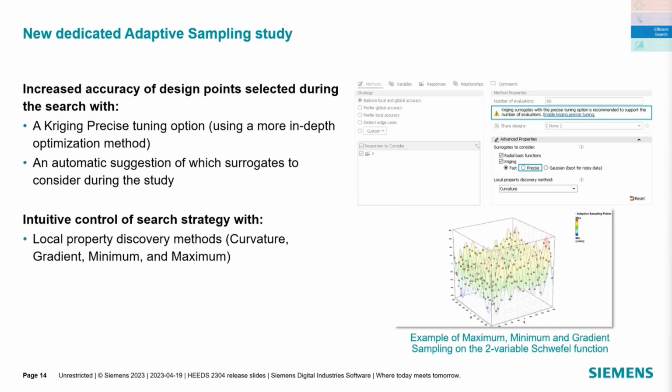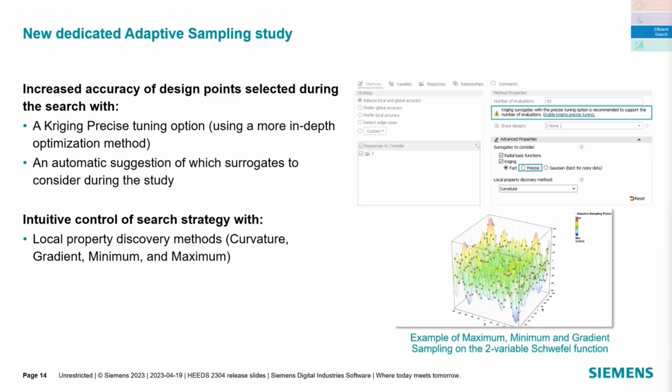We've also provided best practice suggestions that we prompt to the user if they are running a very large number of design evaluations and they have a lot of parameters. A Kriging model might not be the best one because it's probably going to take quite a lot of time to actually compute behind the scenes after every cycle, after every batch of designs. And we really want to be able to direct users in terms of the best practices so that they are getting better designs faster, but in the context of adaptive sampling.